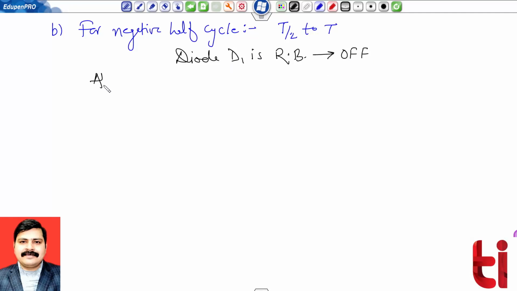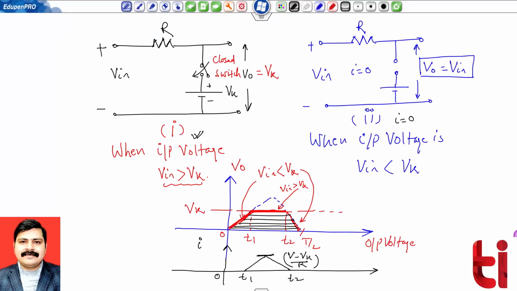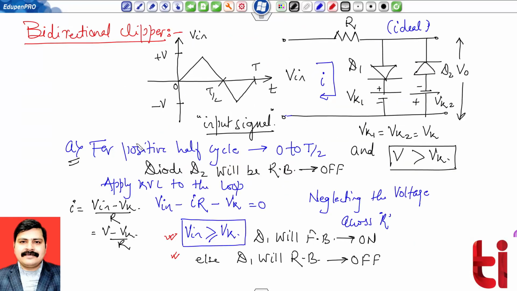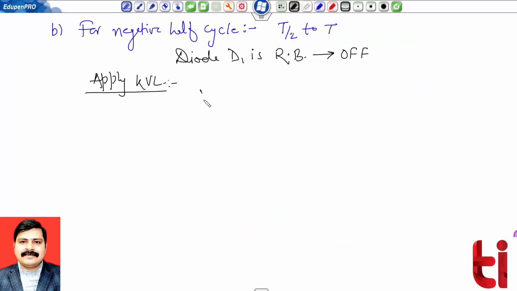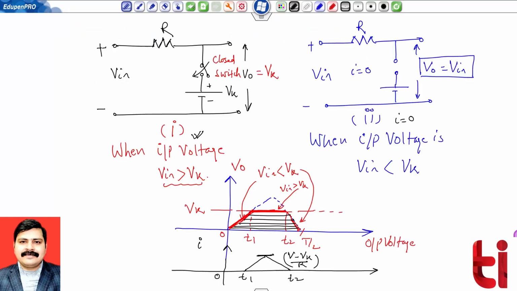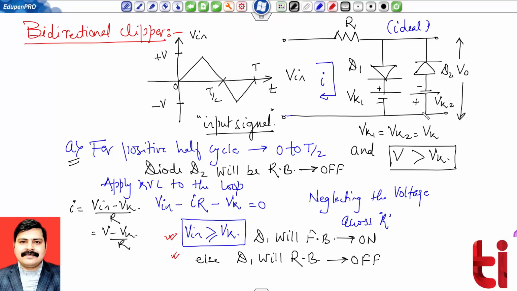Now apply KVL. I am not focusing on the polarity, and I will write the value of Vin. So this equation will be Vin minus IR, and now the interesting part over here is that minus minus becomes plus.